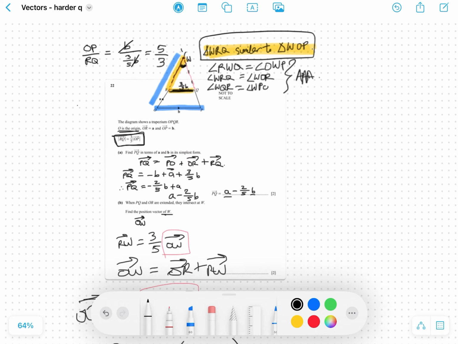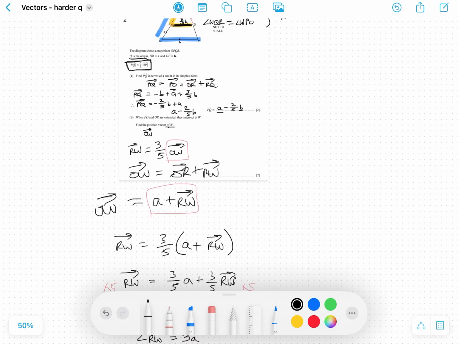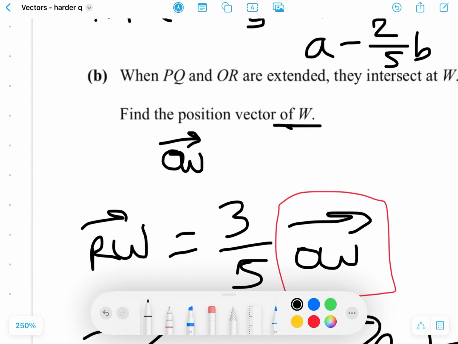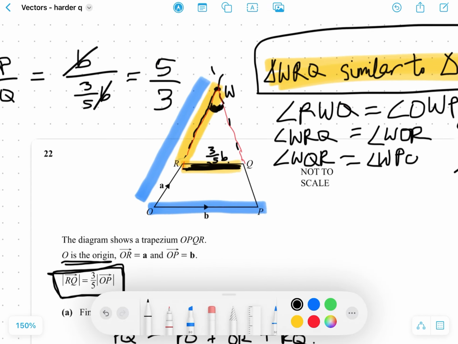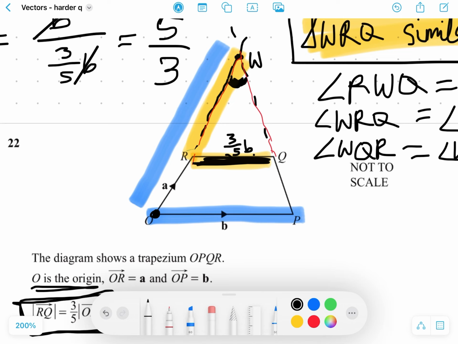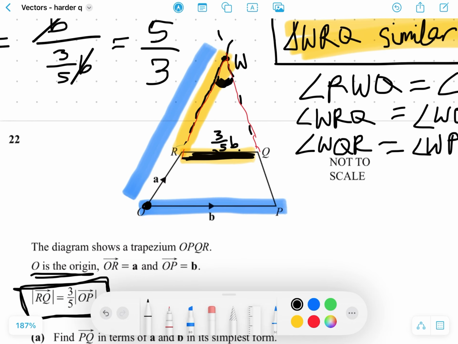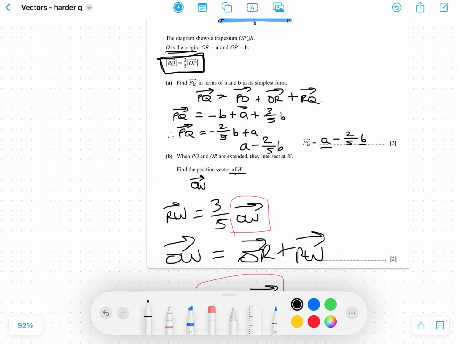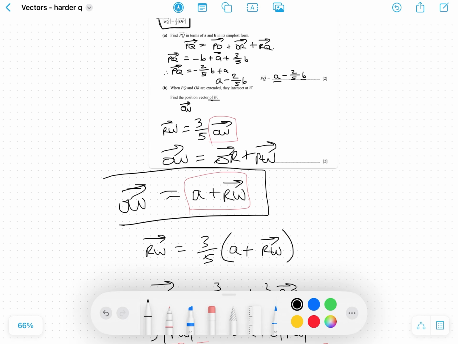So therefore the position vector is O to W. We've already determined that. It's from the origin O to W, and we know that the vector OW is equal to A plus RW. We've shown that here.